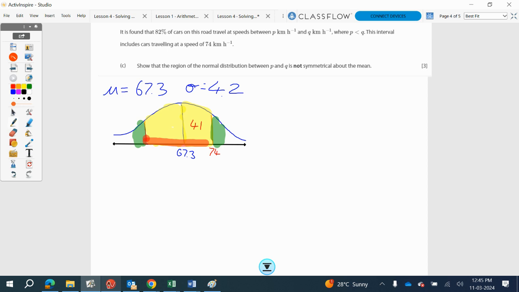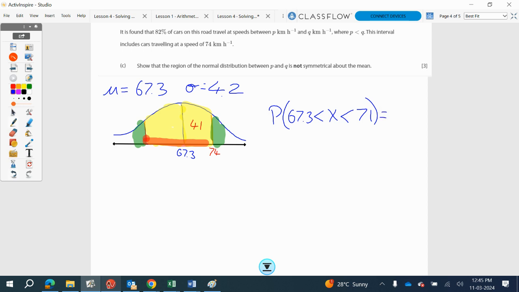Is there? Well, we can calculate that space. So if we take the probability that 67.3 is less than x is less than 74, this number has to be bigger than 41. Otherwise, there's not enough space to make this symmetrical about the mean. So we put this into our calculator, and what do we get?